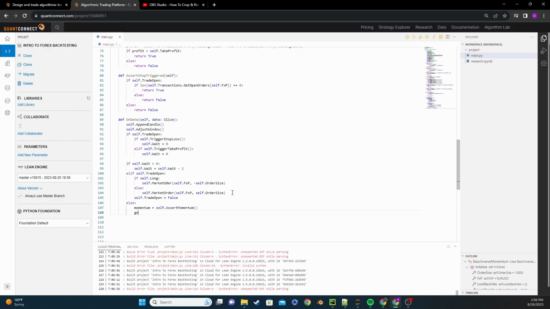Okay. We're going to call this go long. Go short. Okay. And now we're going to make decisions based upon these three booleans, right?